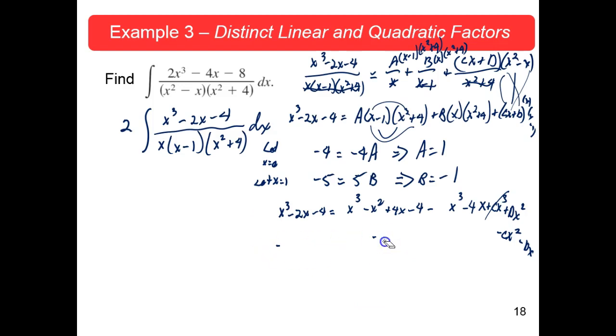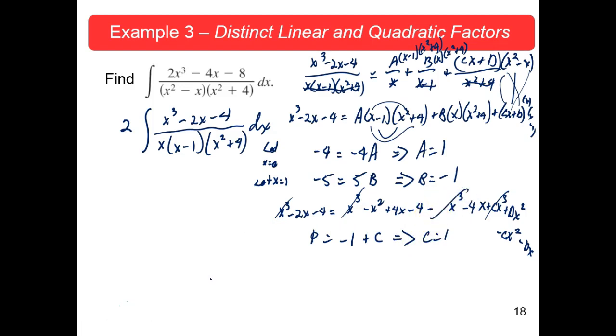Okay, I'm going to start over here. It'll be easy enough to do. Let's look at the x cubed terms. So first we'll just subtract these off like we did before. And then we have 0 is equal to minus 1 plus c. So that would say c is equal to 1. Okay?